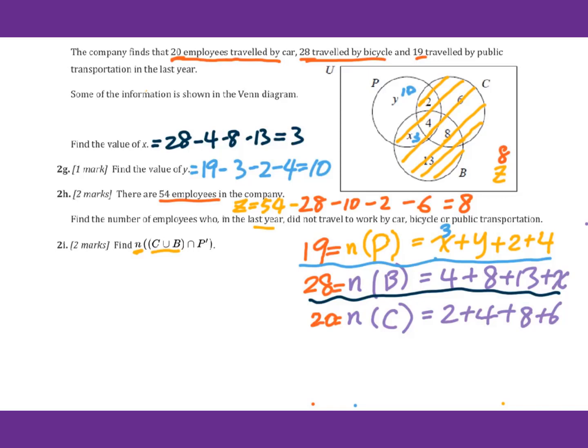I use the same color for you to see. Shade the area except this P. Let's see, this is P. Just don't shade this.